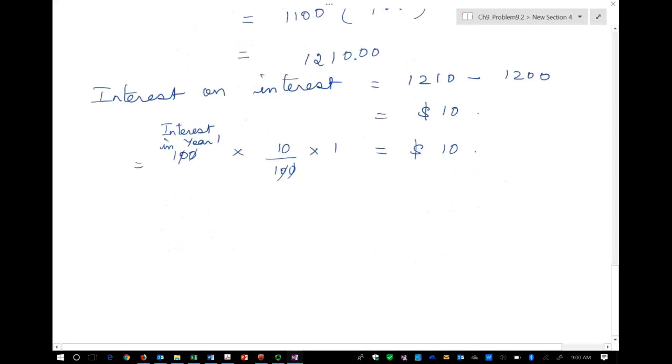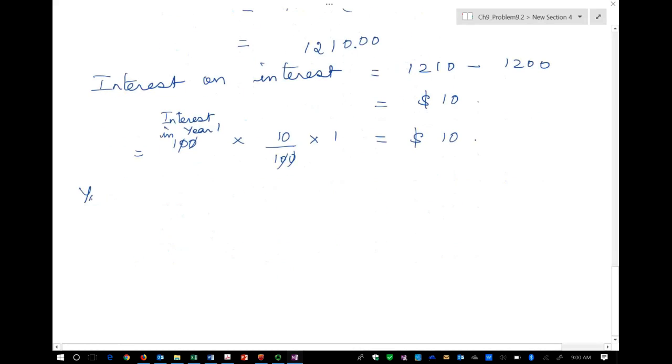Okay. So, you save $1,000 a year for 30 years. No, let us not put $1,000 a year now.